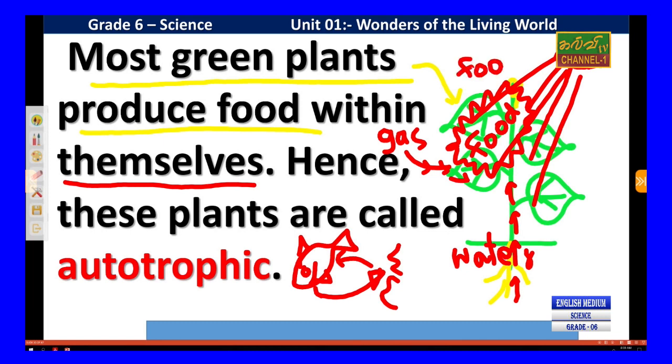It can produce food. That is called photosynthesis. We will study it later. Hence these plants are called autotrophs.